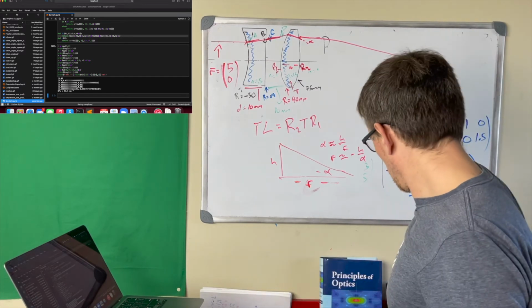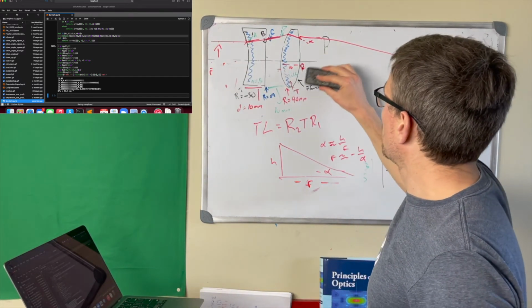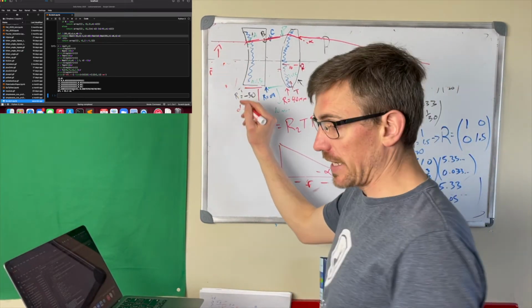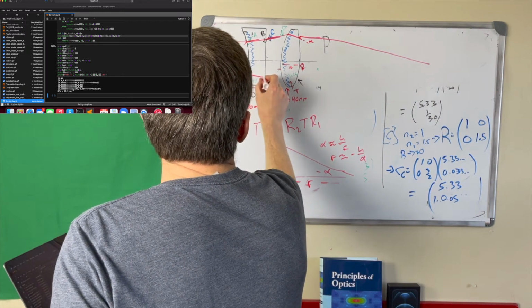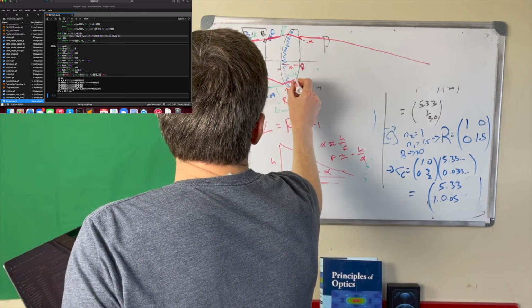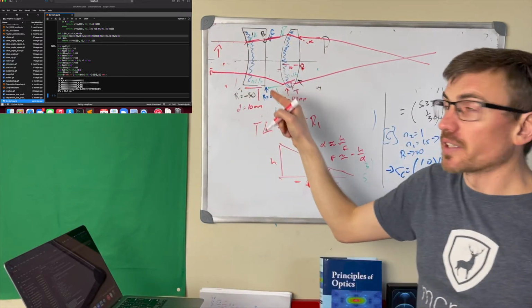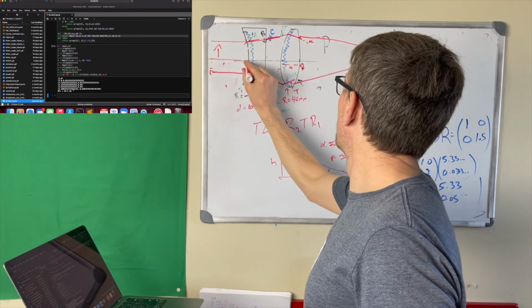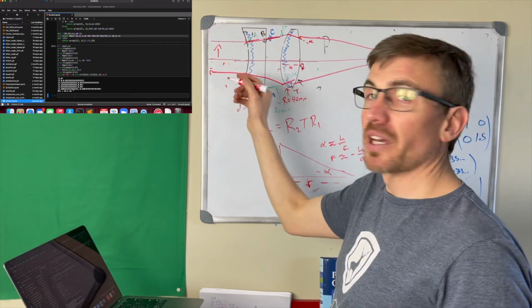Similarly, if I could clear up a little space here, if we were flipped around, mirrored around the axis, well, it's going to be the exact same thing. Okay, so it's going to do something like that. A point right through the center is going to be undeflected through the center of these lenses, and for other points we can kind of interpolate.